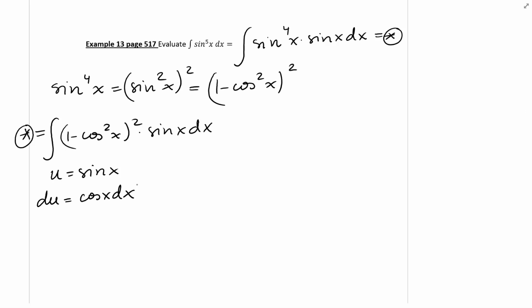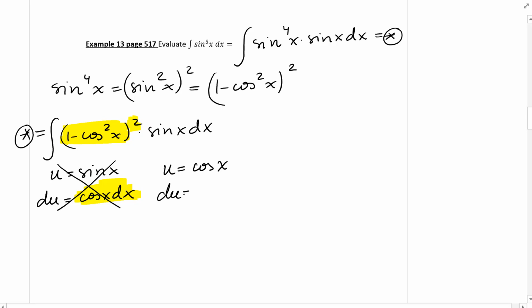Well, it's a good problem to see. We don't have cosine of x dx; we actually have sine of x dx. So the correct substitution would have been u equals cosine of x. I got carried away. u is that interior function.